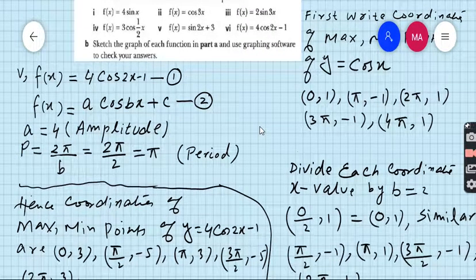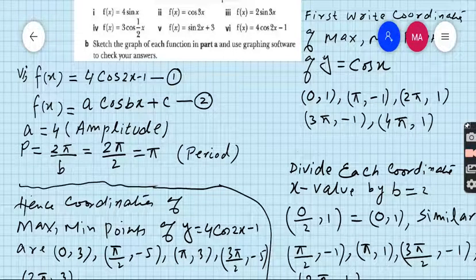Part 6 is f(x) is equal to 4 cos 2x minus 1. We have to find the amplitude, period, and coordinates of maximum and minimum points of this trigonometric function 4 cos 2x minus 1.